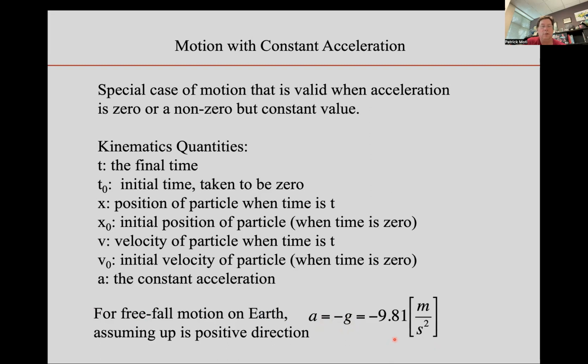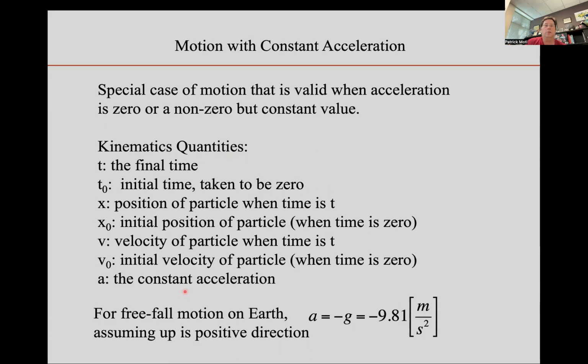It actually varies a bit from place to place. That's one thing we'll perhaps learn from lab, is what the value of the acceleration due to gravity is at your location.